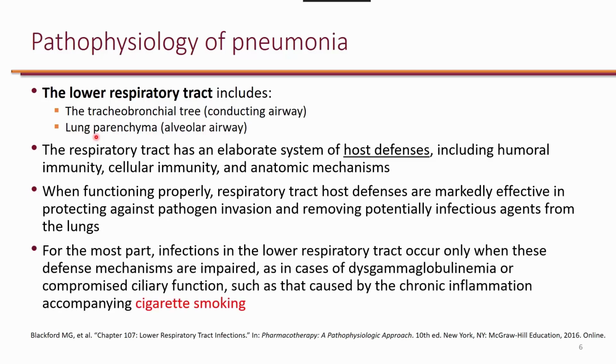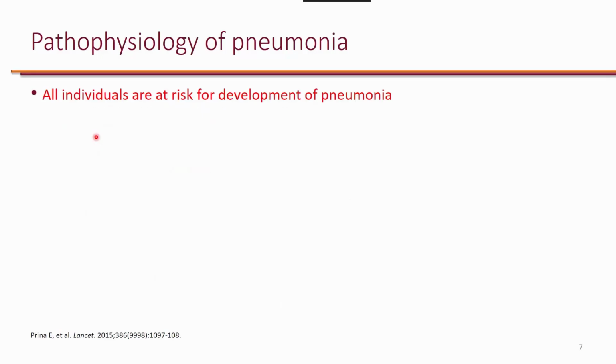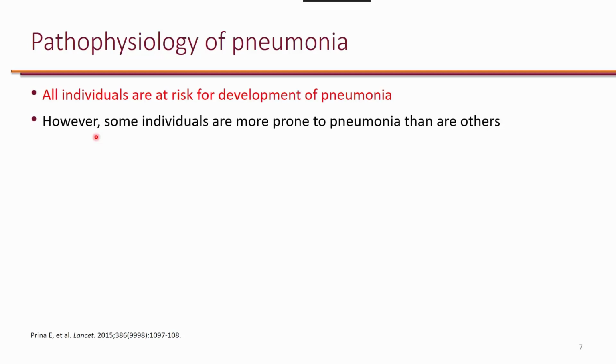Now, for the most part, infections in the lower respiratory tract occur in patients with impaired host defenses, usually due to genetic disorders or compromised ciliary function, such as in patients who smoke. It is important to note that all individuals are at risk for development of pneumonia.